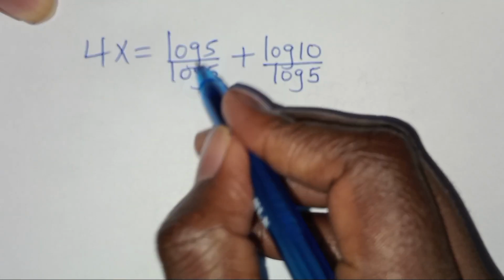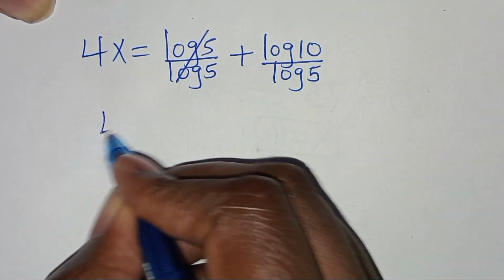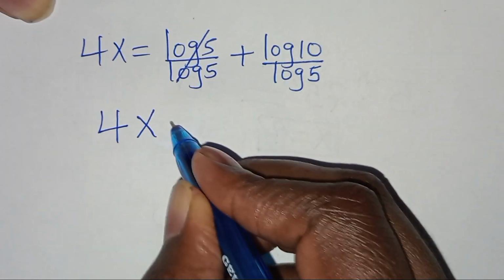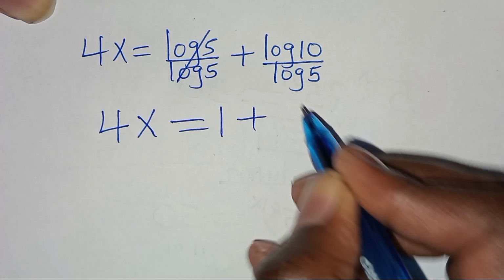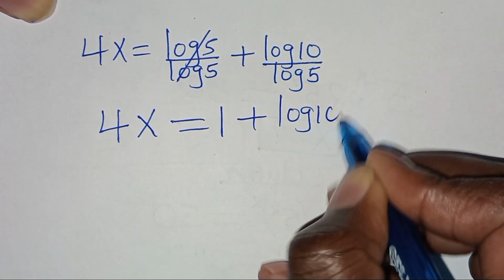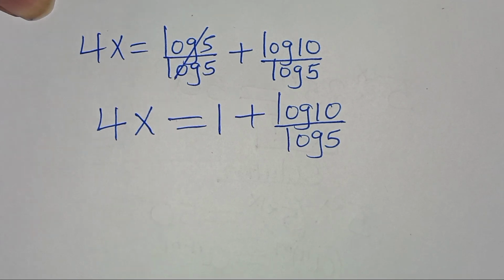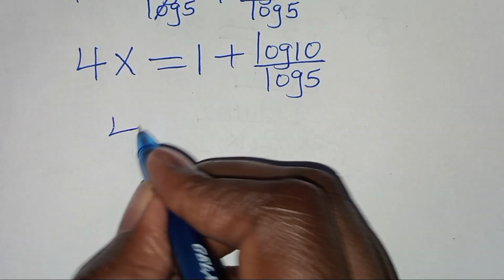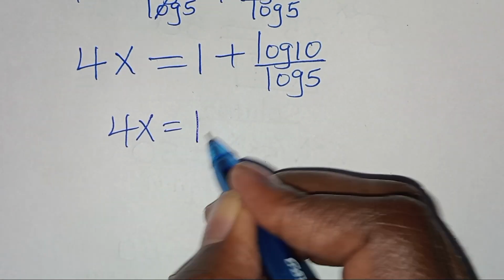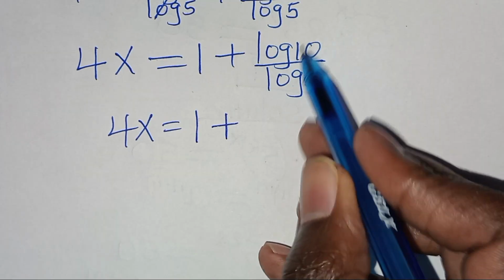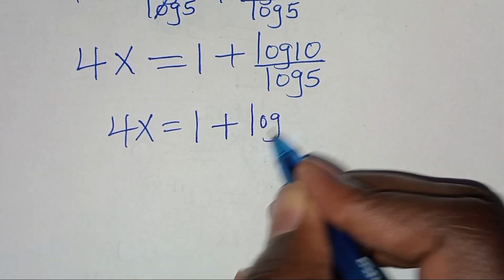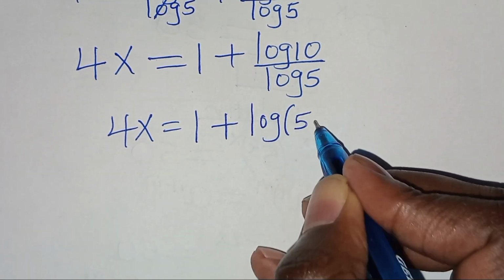Now let's simplify here. Log 5 and log 5 simplifies so that you have 4x is equal to 1 plus log 10 divided by log 5. So here we have 4x. This is equal to 1 plus, we can express 10 as 5 times 2.